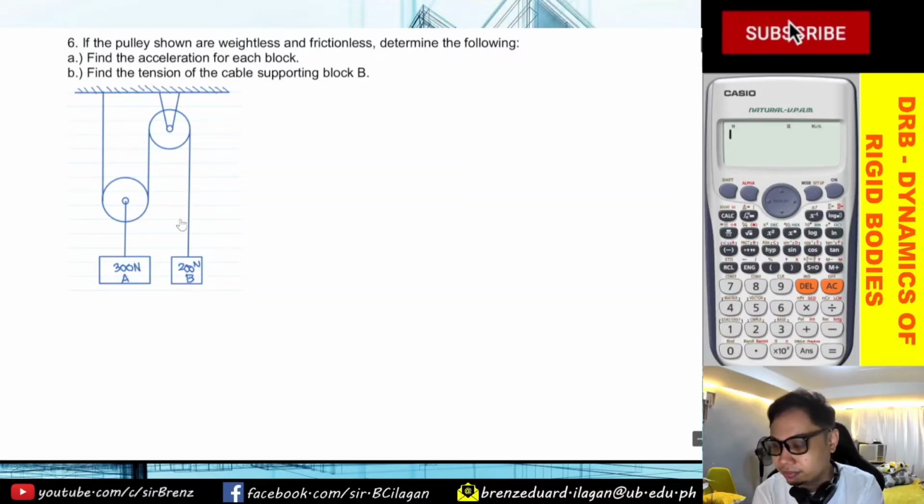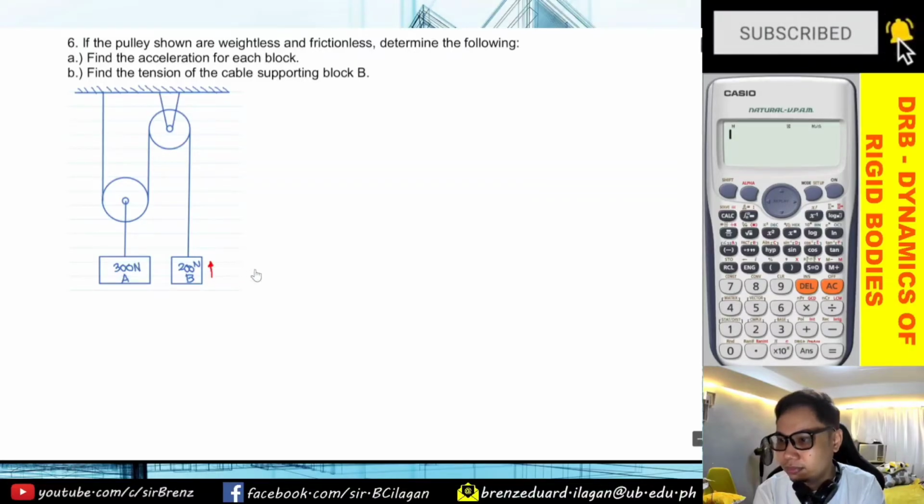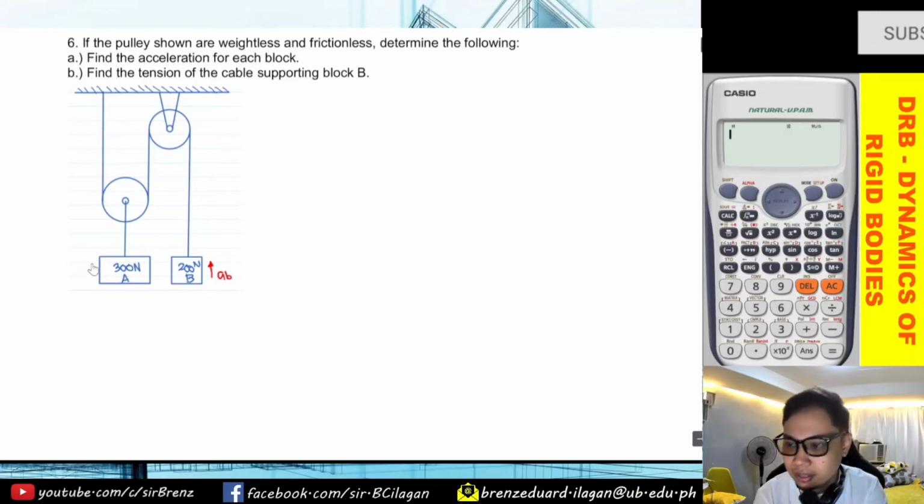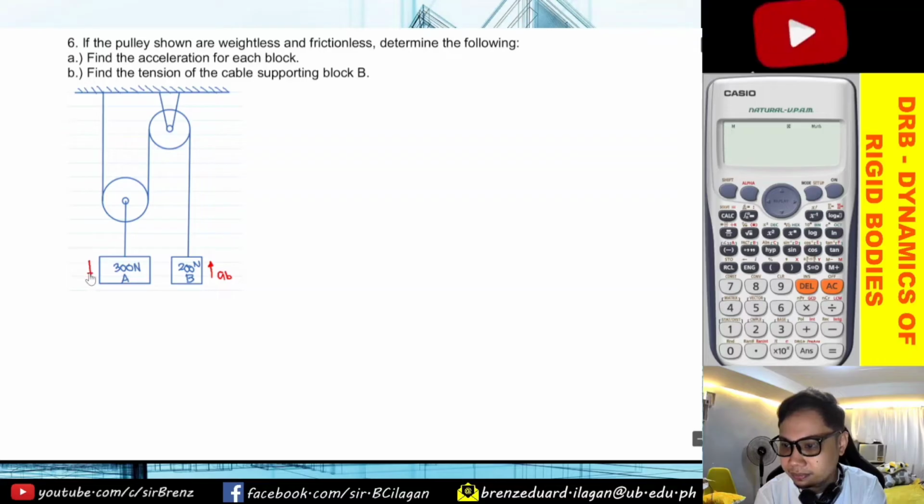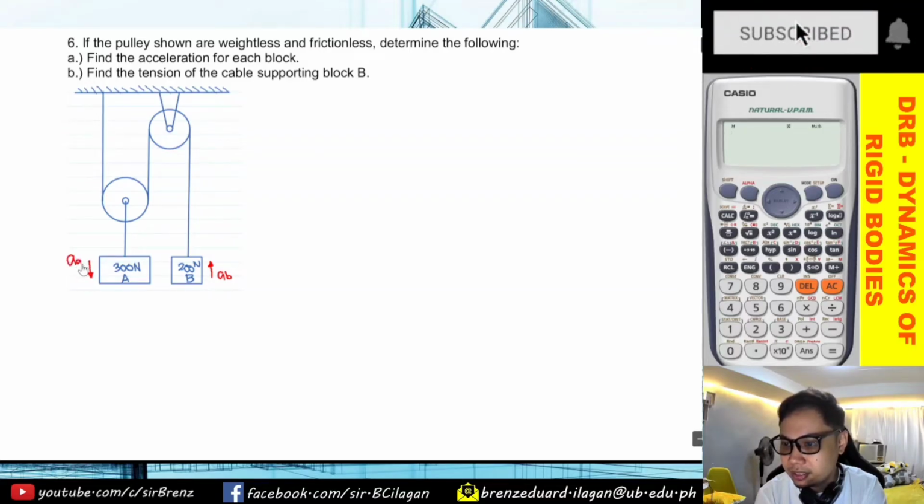Ay, sorry. Ayan, so ano nga to? So ito si acceleration ni block B. Denote natin siyang A sub B. And ito, sabihin ko na ito yung bababa. Ito si A sub A.